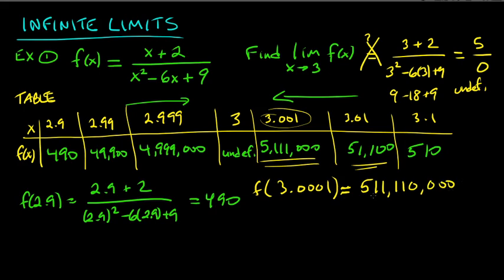Something like that. You're at 500 million. And if you plug in 3.00001, you're going to be at like 50 billion, so it's going to be like 5.1 times 10 to the 10th power. So you're getting really, really big. And the same thing happens on the right. These numbers are just getting bigger and bigger and bigger as well.